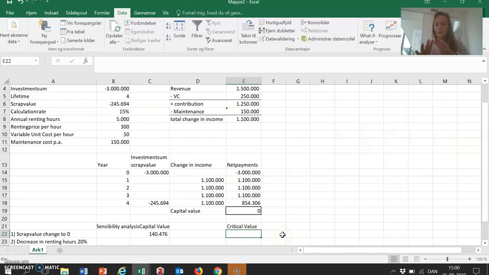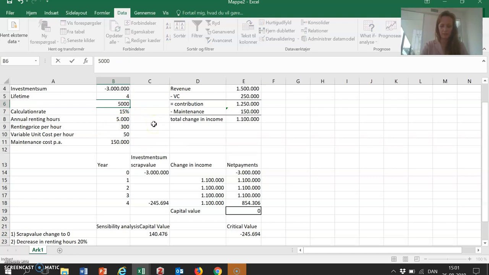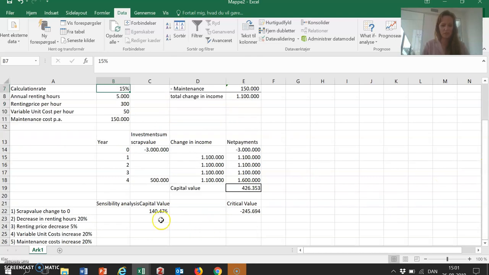That would be as low as the scrap value could actually drop, and you would still have a profitable investment. So let's write that, 245,694. So that's the critical value of the scrap value. Go ahead, change it back. And you can see this is where we started.